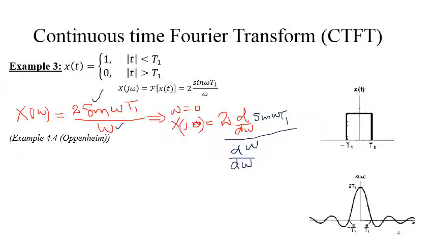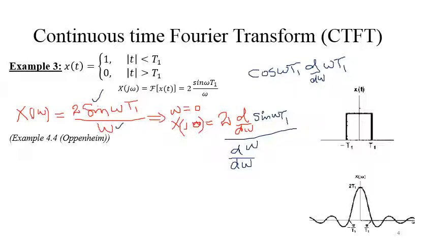From the denominator you get this equal to 1, whereas if you differentiate the numerator, the derivative of sine is basically cos. You get cos omega t1, and you again take the derivative d upon d omega of omega t1, because it's not simply omega, it's omega t1, so it will result into t1.